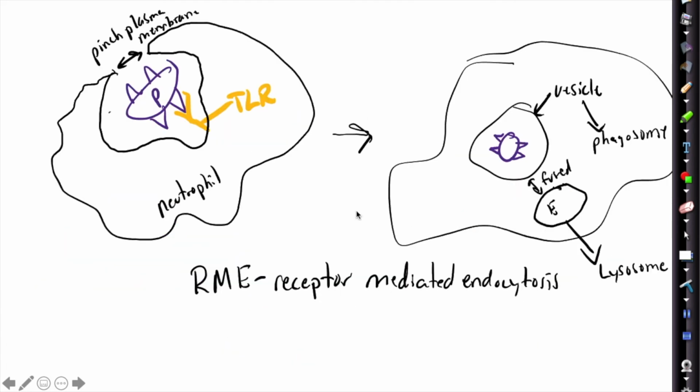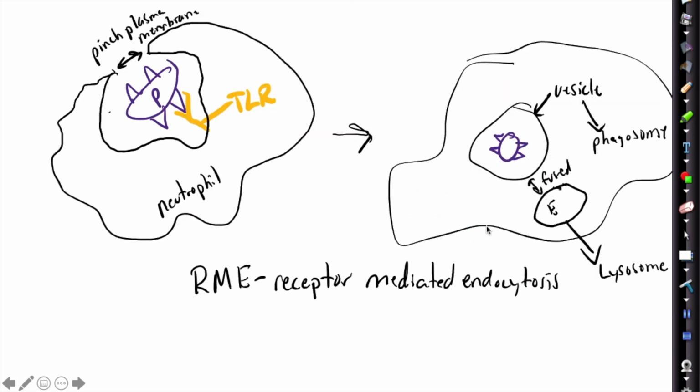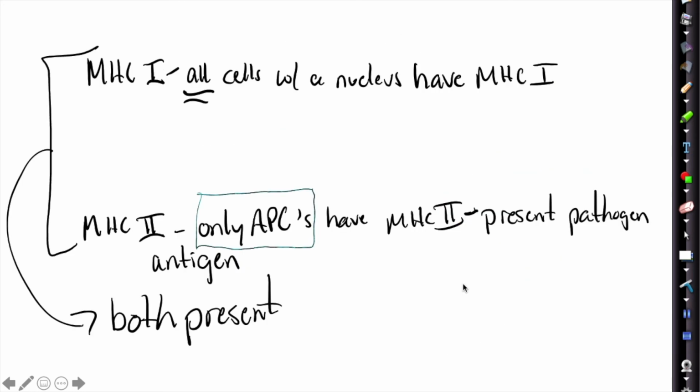So this is the phagosome fusing with the lysosome. That's going to chop it up, and it's going to present a piece of that pathogen.